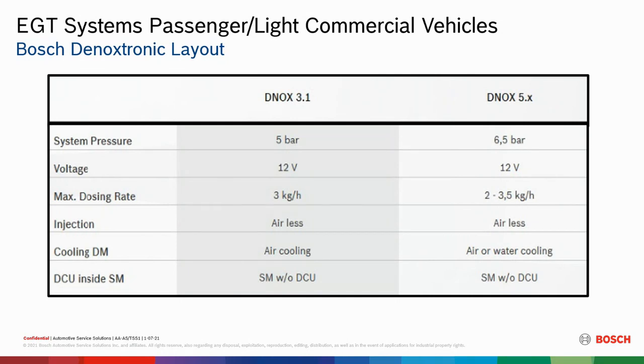The Denox 3.1 is only air cooled, the dosing module on the exhaust. The Denox 5Xs, we were able to have it air cooled or water cooled, and the reason why is the location where it's mounted. If it's mounted closer to the engine where the temperatures are higher, the water cooled one's a better option to keep it cooler, where the air cooled just can't quite supply that as well.